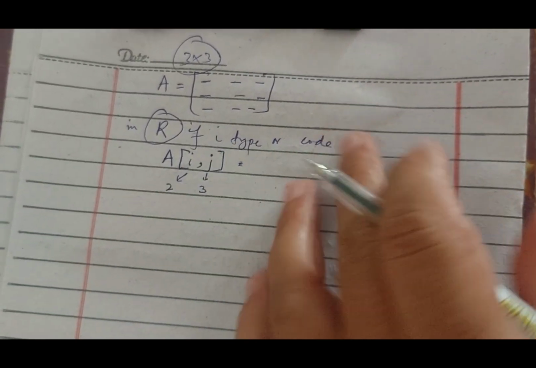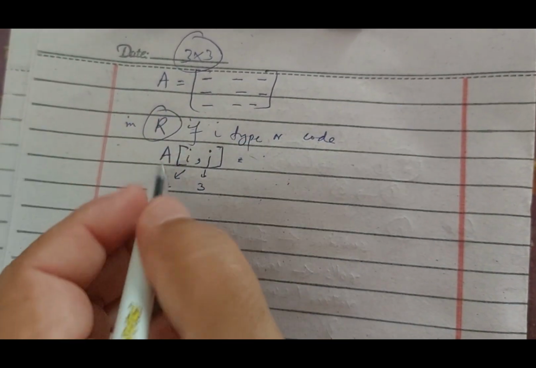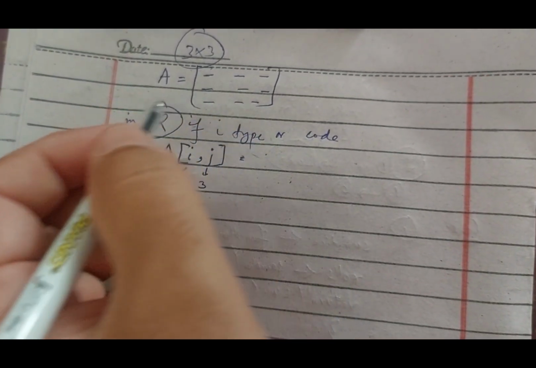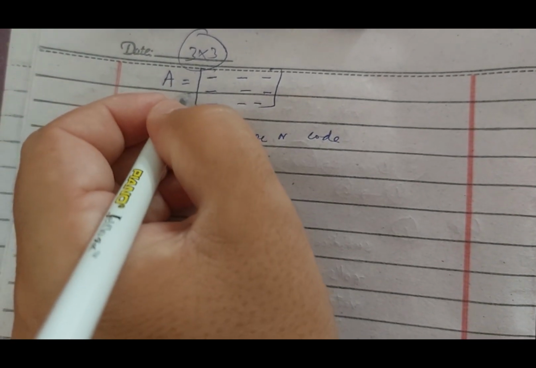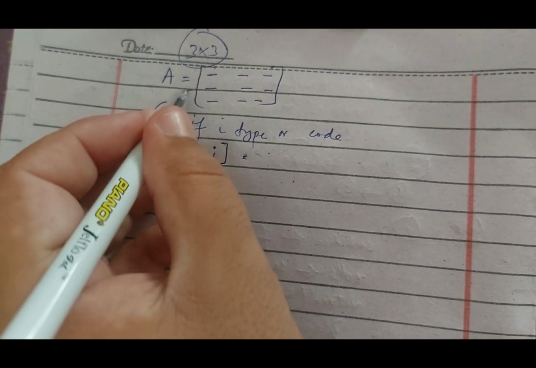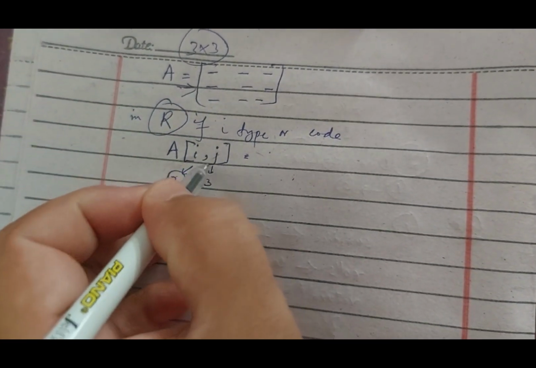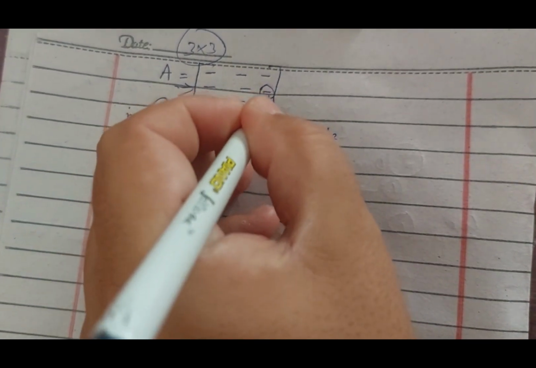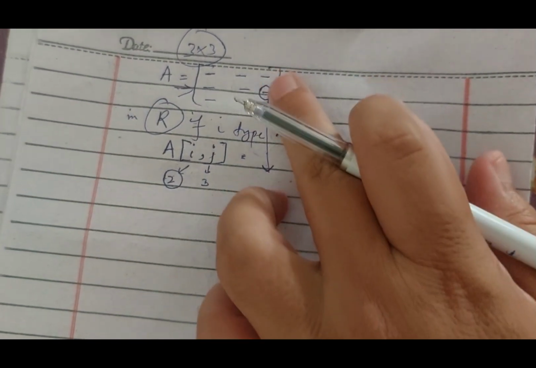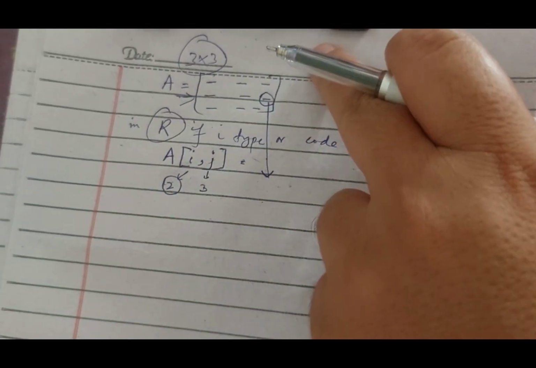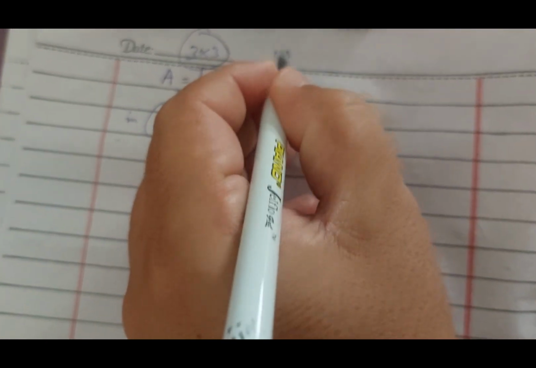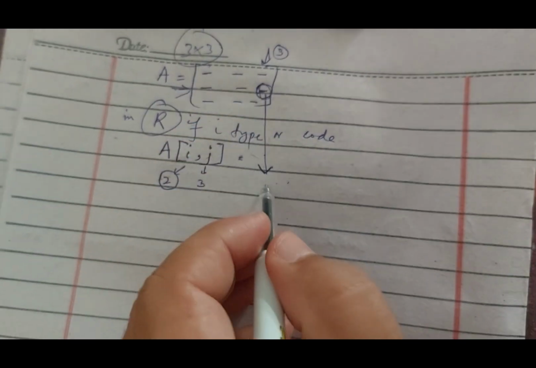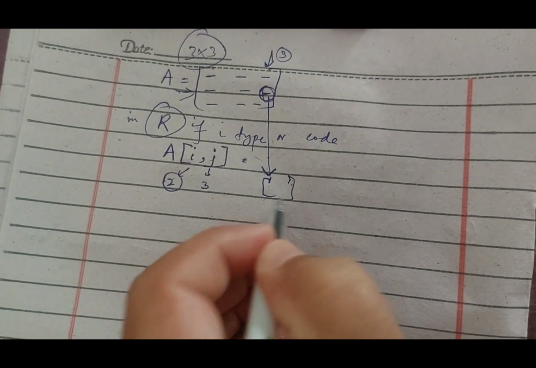It will show me only that element, in the second row. So this is the second row and the jth column, and it will show me this entity: second row and third column. It will print only that value.